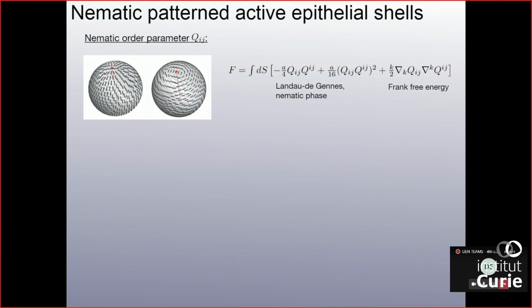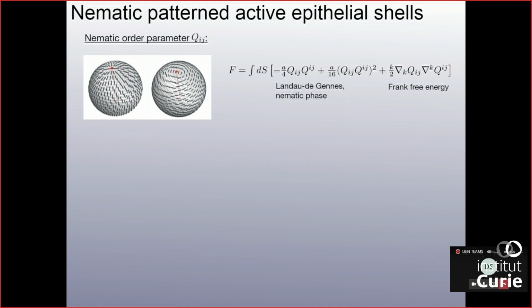Okay, but looking at this diagram, clearly the set of shapes we obtain is quite limited. So we thought we would also investigate what would happen with nematic active epithelial shells.